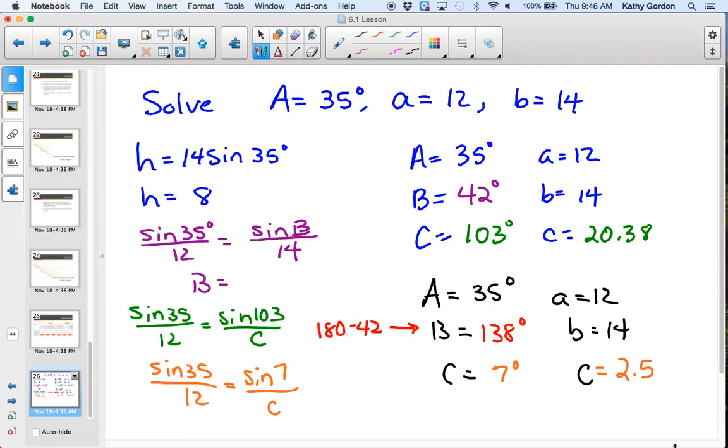So that's the second possibility. So these are the measurements of one possible triangle that I can make with these, and these are the measurements of the second possible triangle I can make with those same exact given measurements. And in order to get full credit, you have to tell me both.